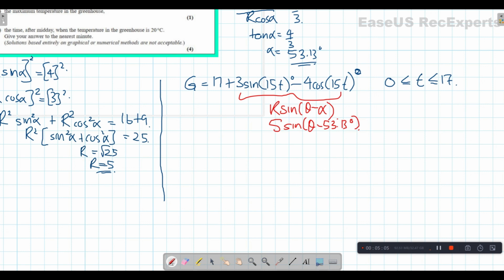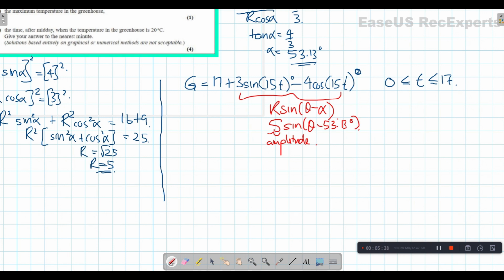And if I plot this graph, this 5 here is the amplitude, the highest point that you can get, when the angle is 90 degrees. Sine 90 is 1, so that's the highest point, which in this case, since amplitude is 5 times sine 90, which is 1, 5 times 1 is 5, so that's the maximum point.